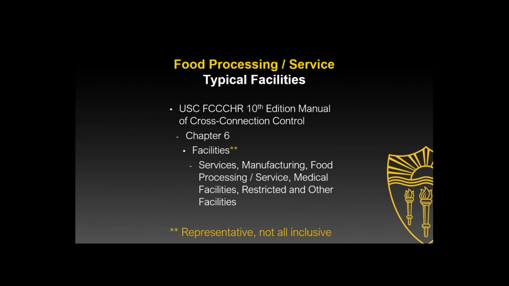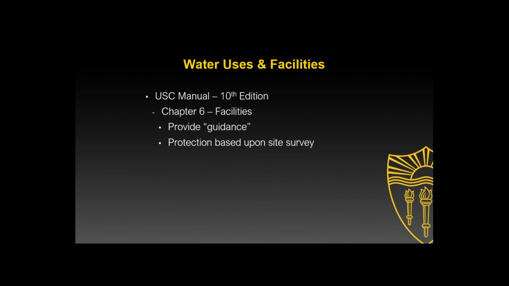We always mention to everybody that chapter 6 is more to provide guidance, just so you get a better feel of what things are out there for the different facilities, what kind of water usages, what kind of systems there are. The key thing we always say is, base it on your survey or your inspection of what kind of protection is needed.